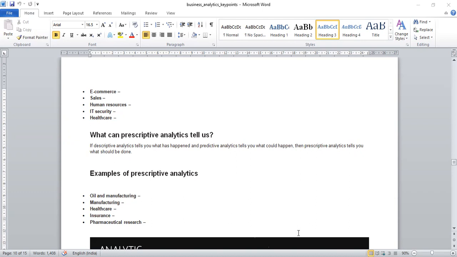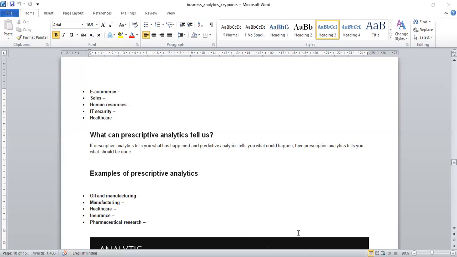So there are some advantages of predictive analytics. What are those? It can improve efficiency, focused on inventory management systems, so you can enhance the efficiency of your inventory.